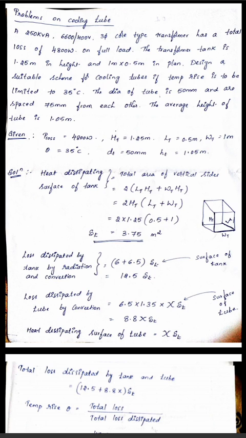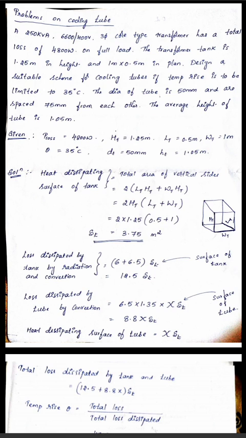Always the width is more compared to the length, so the length is 0.5 meter and the width is 1 meter. And the design is for the temperature rise limited to 35 degrees Celsius.